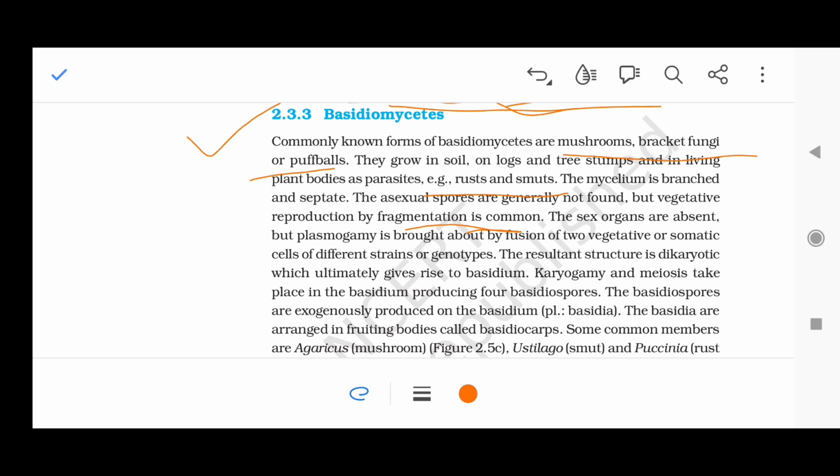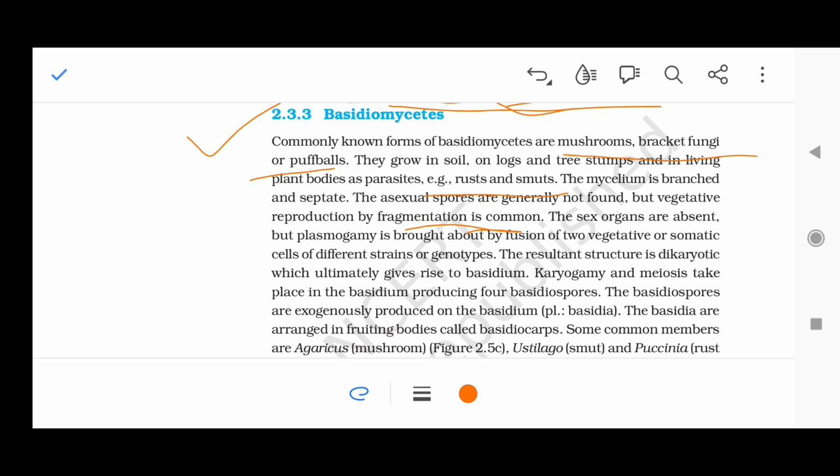So typical sex organs are absent here, but plasmogamy means two different vegetative and somatic cells of different strains and genotypes get fused, and that is called plasmogamy, and the resultant structure is dikaryotic, which ultimately gives rise to basidium.